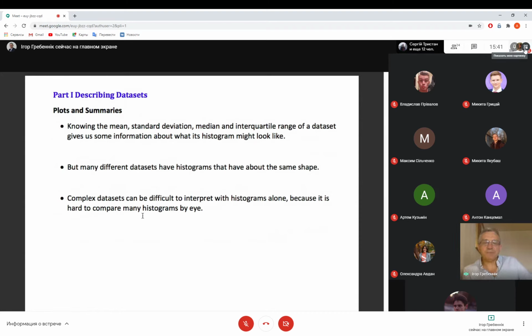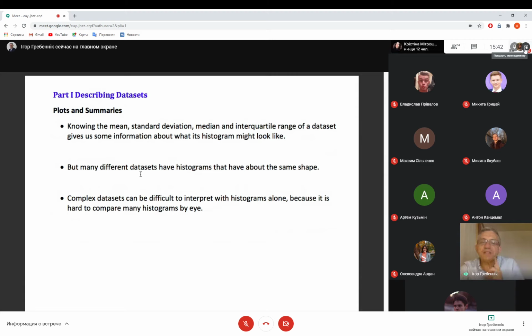The next step. Let's formulate these statements. Knowing the mean, standard deviation, median, and interquartile range of a data set gives us some information about what its histogram might look like.